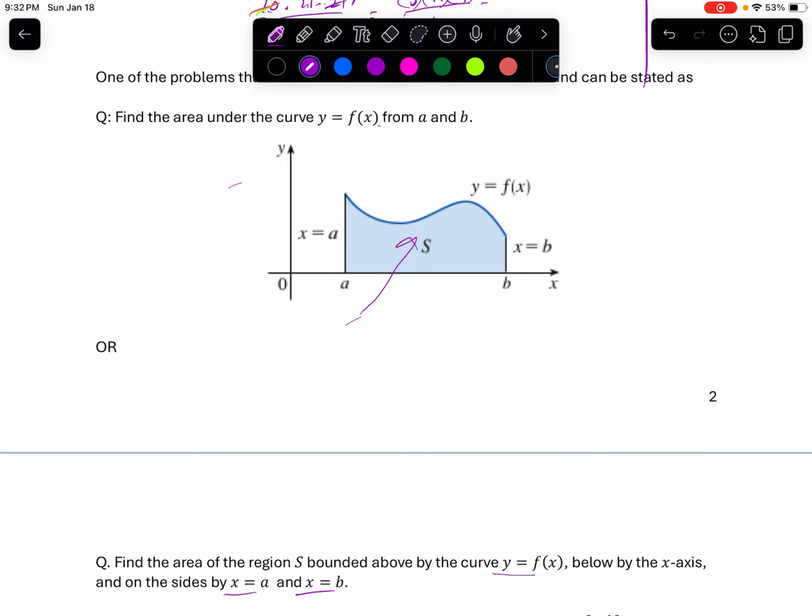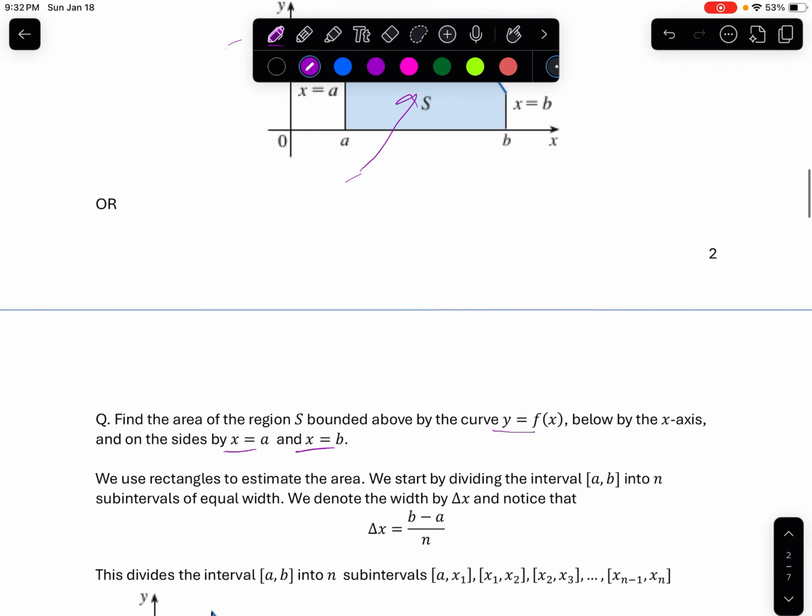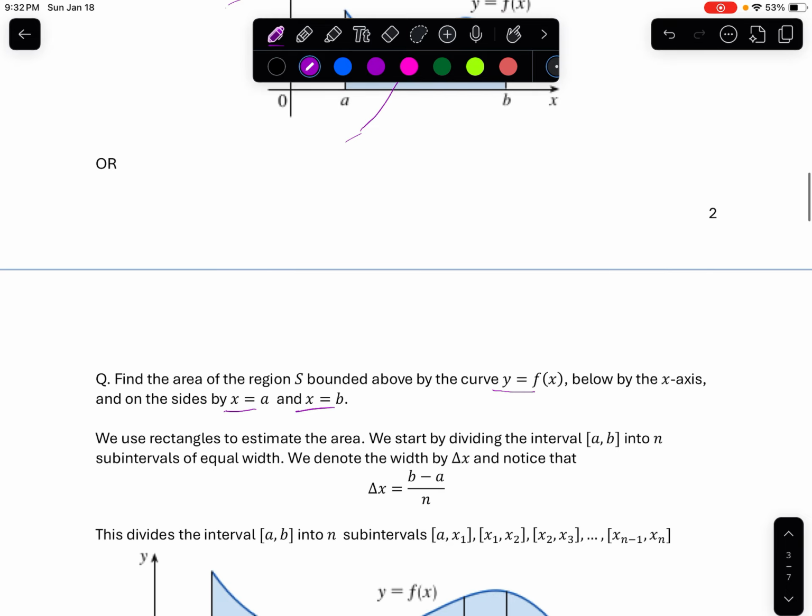The first thing we do is divide our interval AB into, let's say, n subintervals. What is n? We could do 5 subintervals or 4 subintervals, and then say, oh no, this is not a good estimate, because remember, it will always give you an estimate.